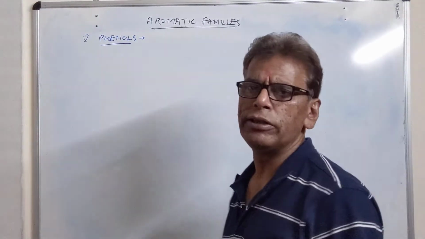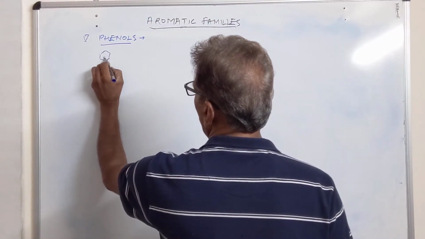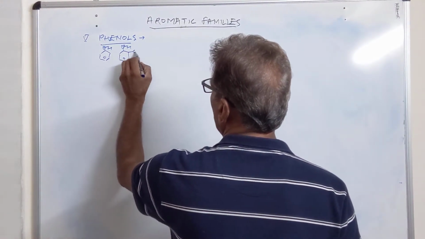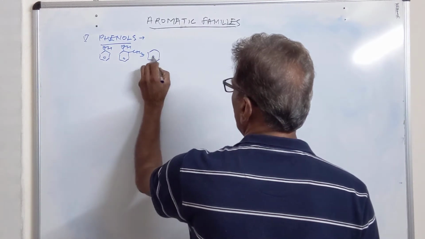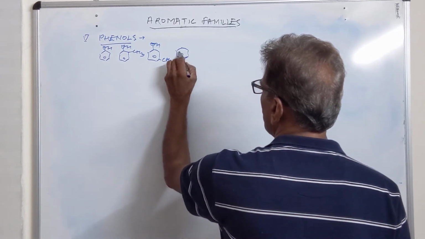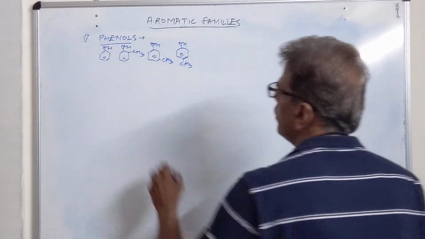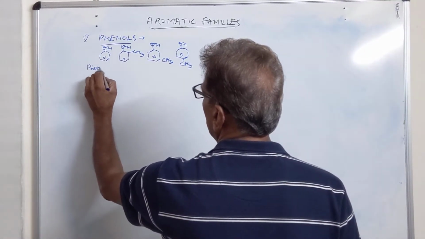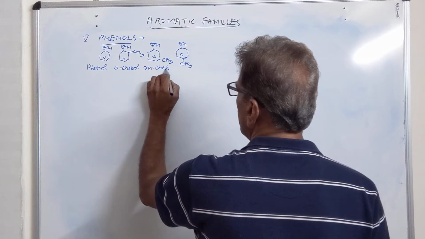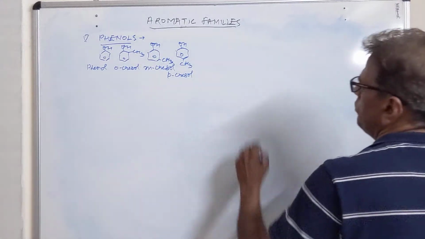A compound having OH group directly attached to benzene ring, they are called as phenols. We have monohydric phenols and its derivatives. This is orthocresol, metacresol, paracresol. Orthocresol, this is metacresol, this is paracresol.